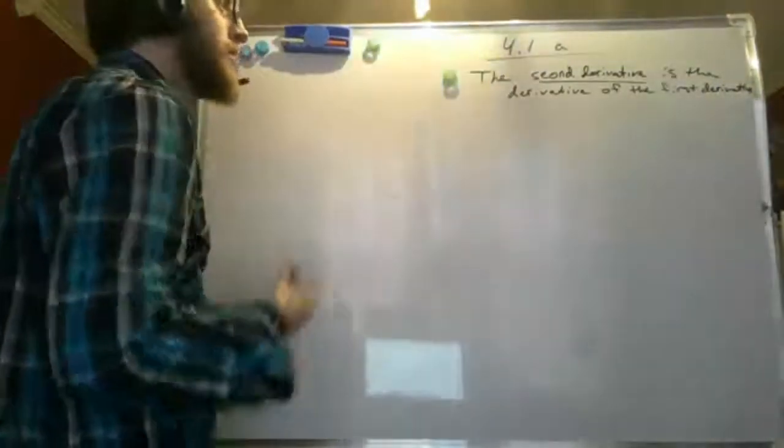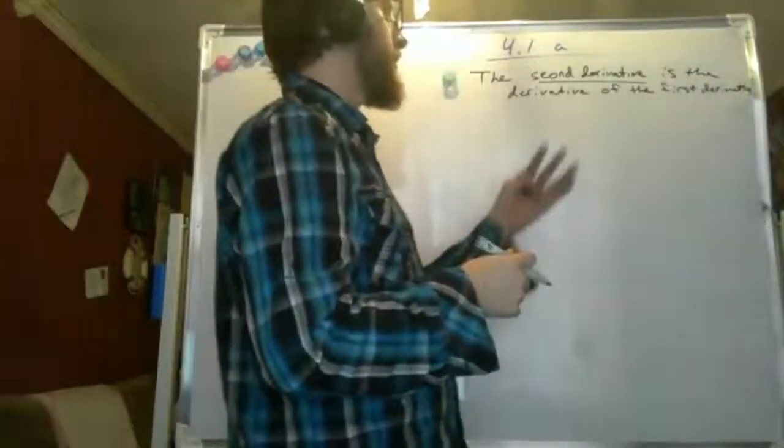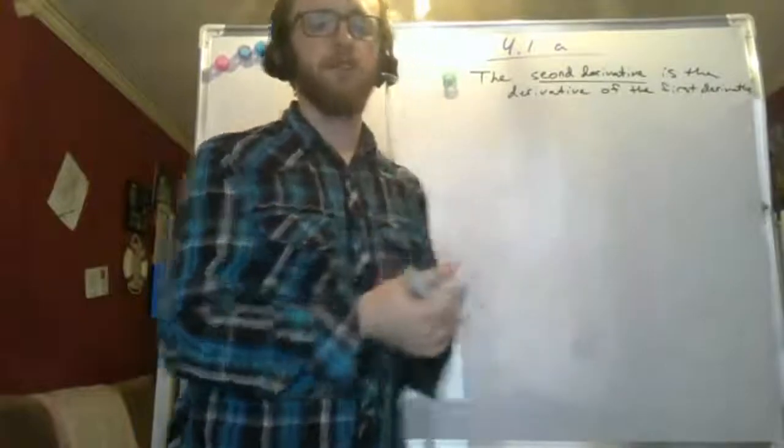So maybe that definition is kind of like, well, duh, of course it's what it is. But in the case where maybe you hadn't seen the second derivative before, it's nice to write it out in plain English. So there we have it.